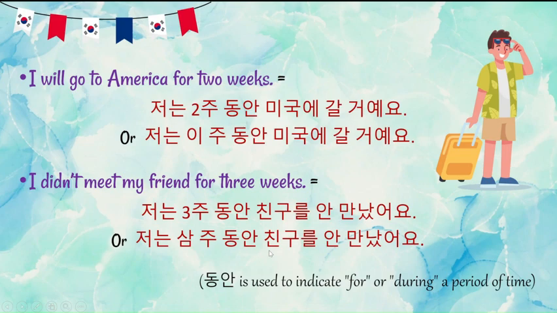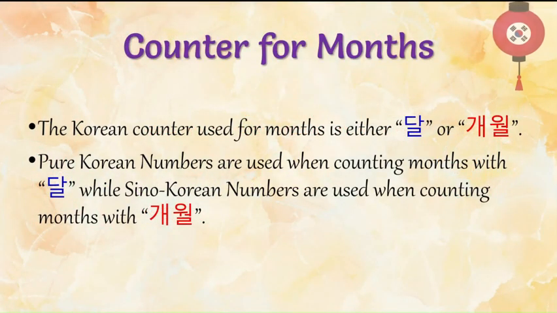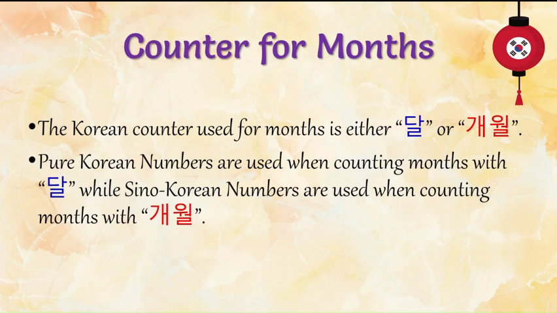Very simple. Alright, now let's move ahead and talk about the counter for months. Now there are two counters for months in Korean. One is 달 and the other one is 개월. Now what is the difference? Pure Korean numbers are used when counting months with 달.